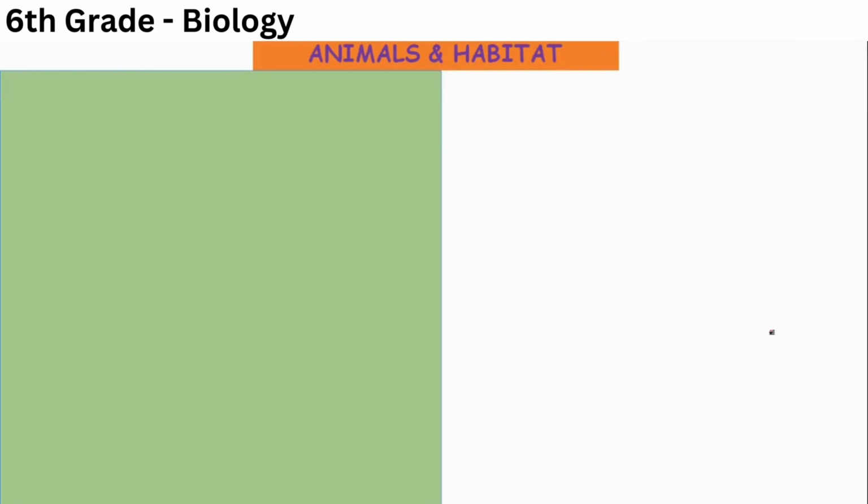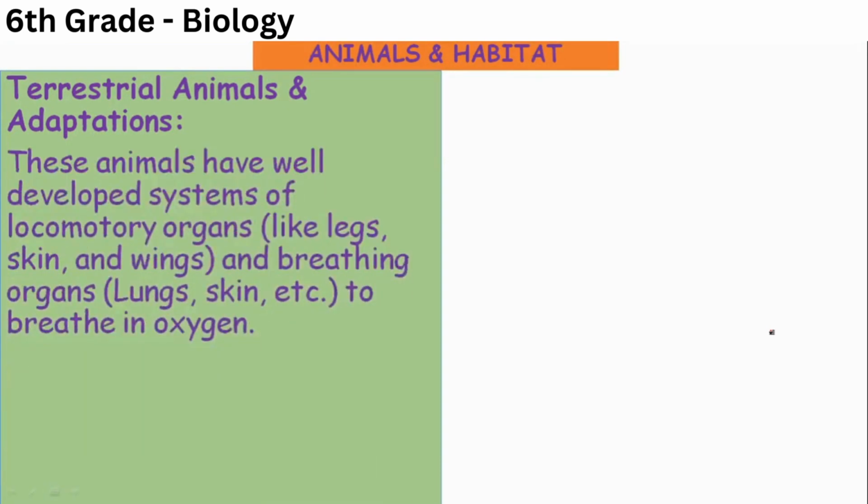The animals and habitat, terrestrial animals and adaptations. So these animals have well developed locomotory organs. The animals which we find in different locations possess different kinds of locomotory organs like legs, skin and wings, and the breathing organs also.